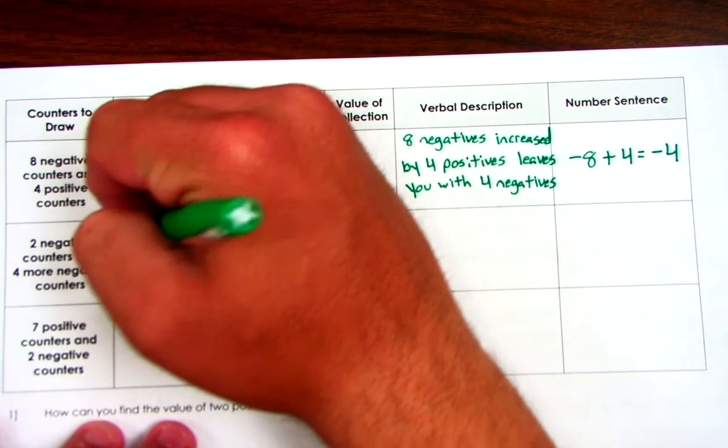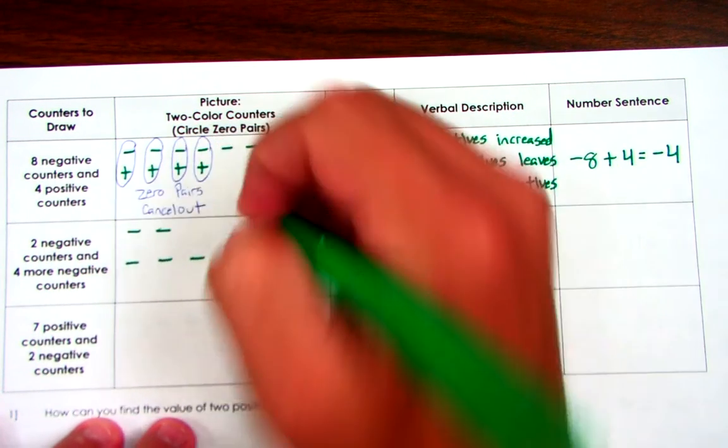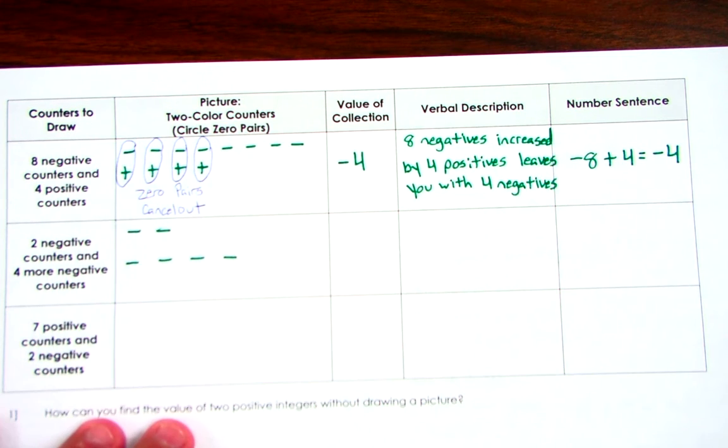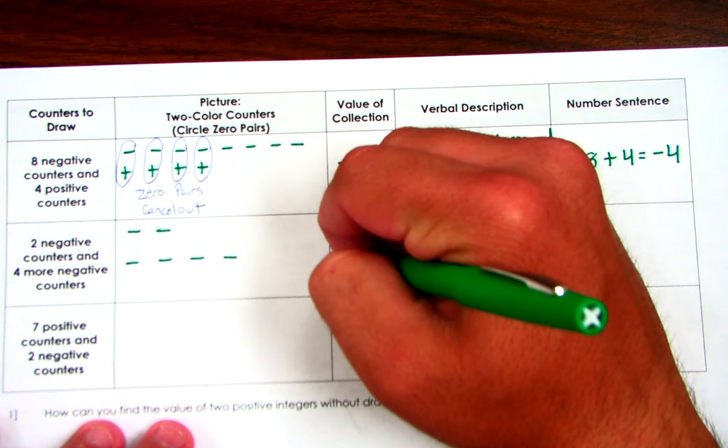We have 2 negatives, and then we have 4 more negatives. Oh, well, look at that. Aren't these signs the same? Well, yes, they are. So you keep the sign, add the numbers.